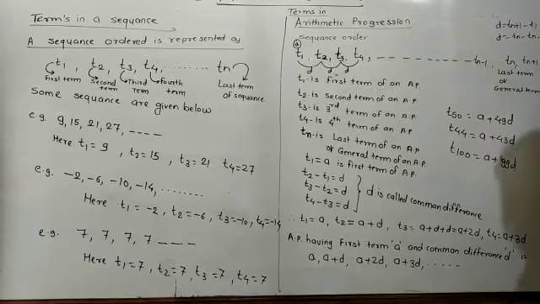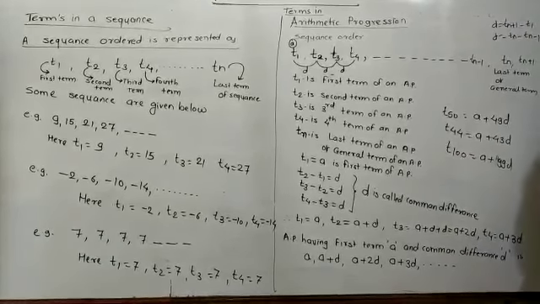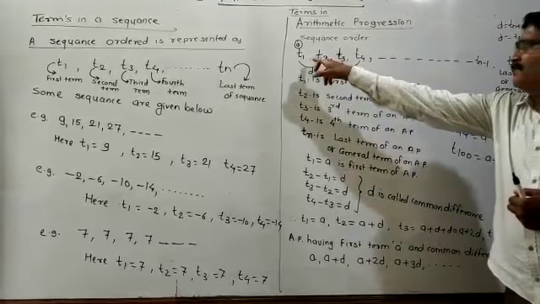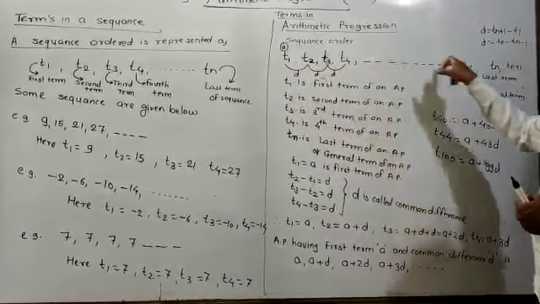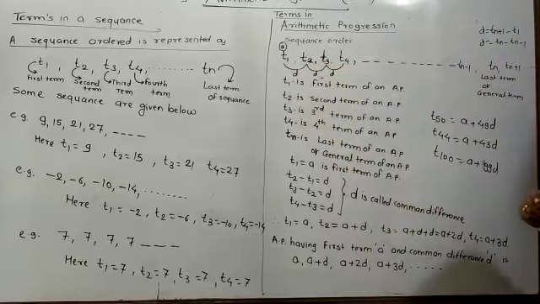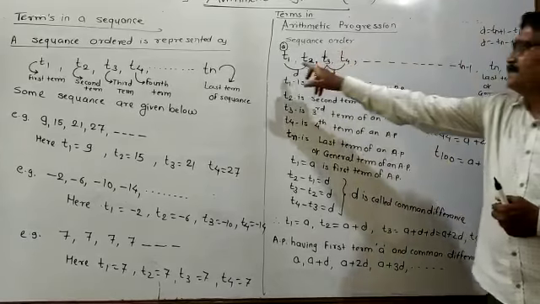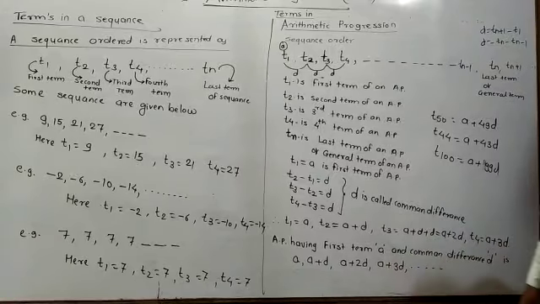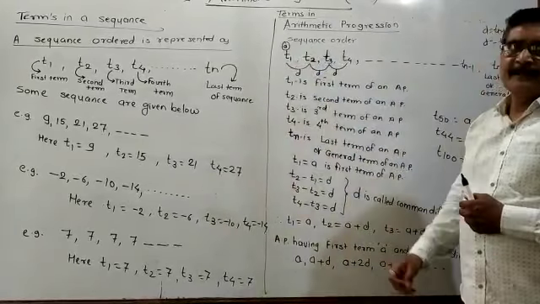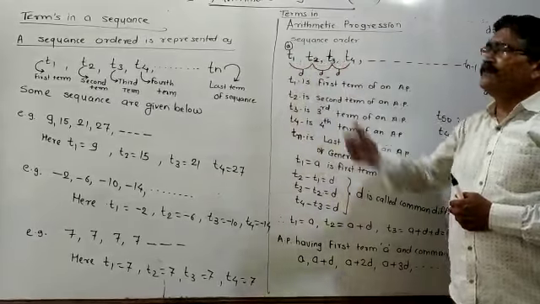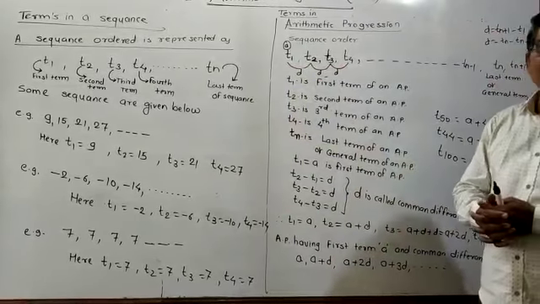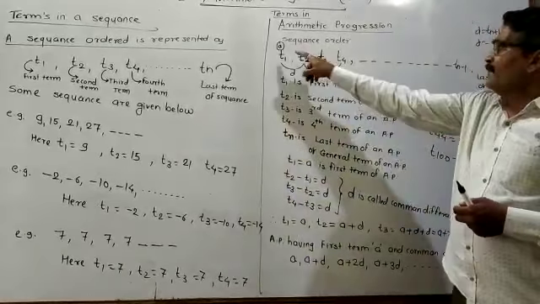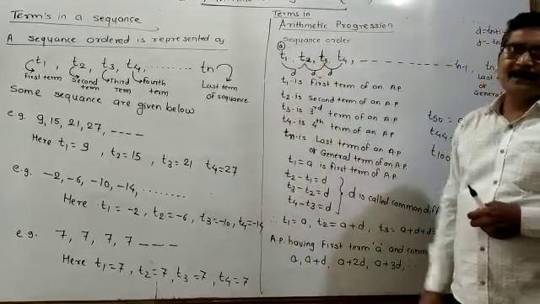But in a simple manner, if anybody asks the sequence order of the arithmetic progression, you have to say T1, T2, T3, T4, up to Tn. This is the first term of the AP, second term, third term, fourth term. The first term is called A, and the difference between two consecutive terms in an AP is constant, so the difference between two consecutive terms is represented by D. If in A you add D, T2 will come.